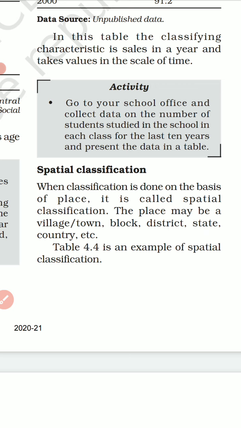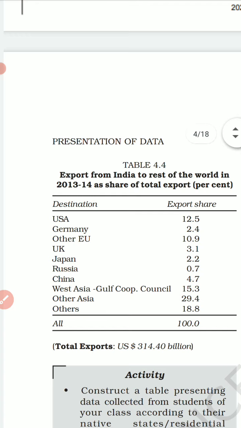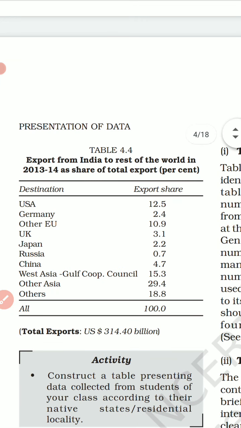So this means when you are presenting the data with respect to some place, you can see the table 4.4. We are showing the data with respect to some place like USA, Germany, different countries are shown. Likewise, you can also show the data of states, districts, etc., like Punjab, Haryana, West Bengal.